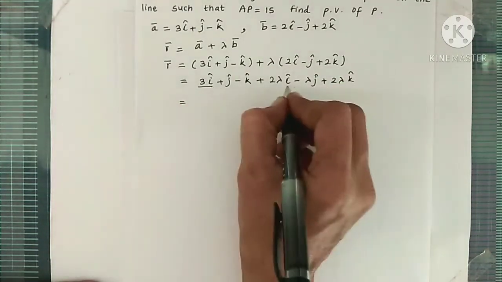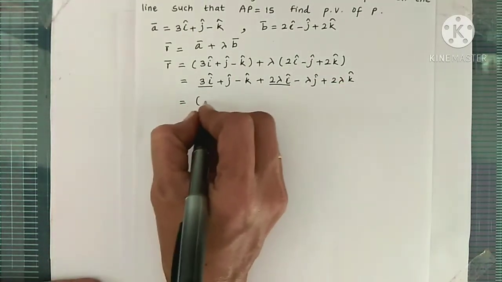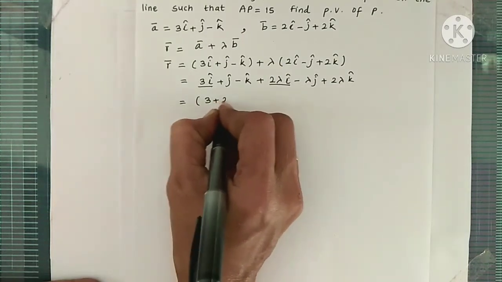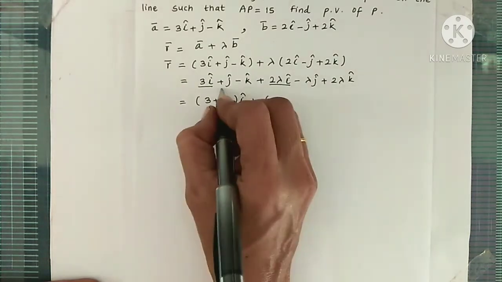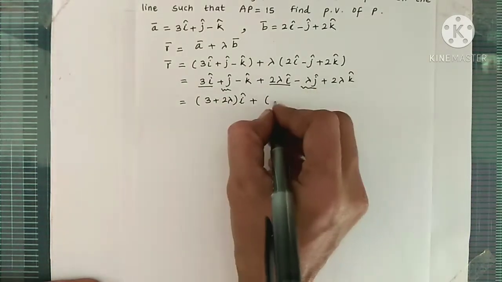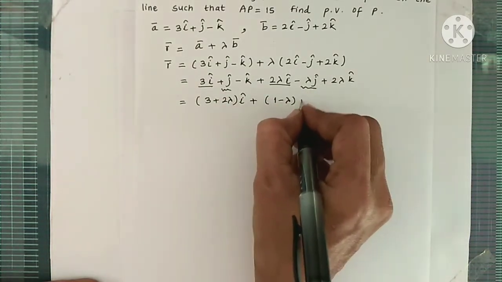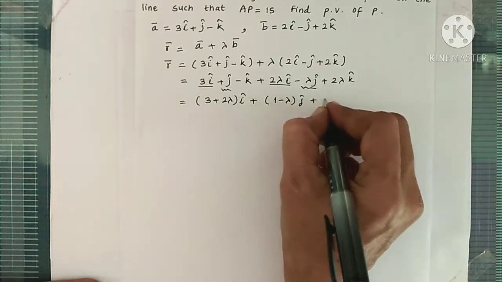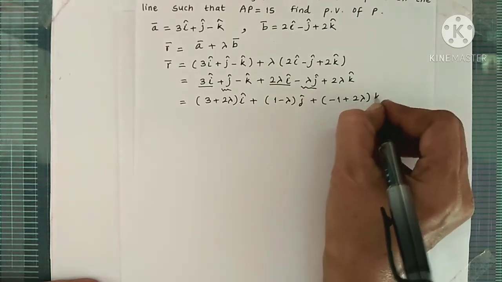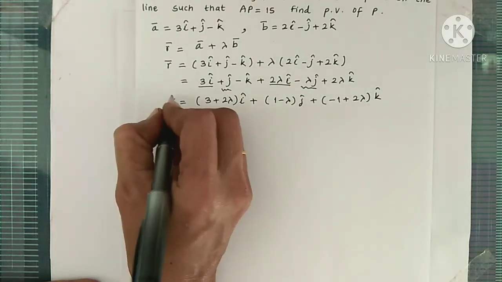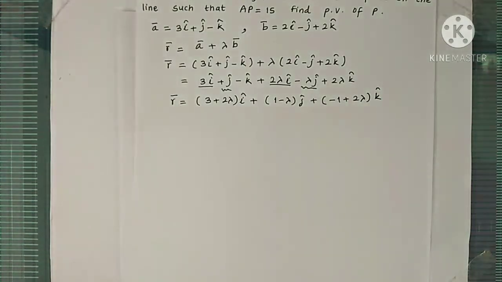Taking i cap common from these two terms, we have 3 plus 2 lambda i cap. Then taking j cap common, we have 1 minus lambda j cap, and for k cap we have minus 1 plus 2 lambda k cap. So this is the equation of the same line.